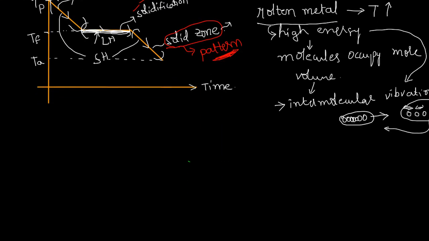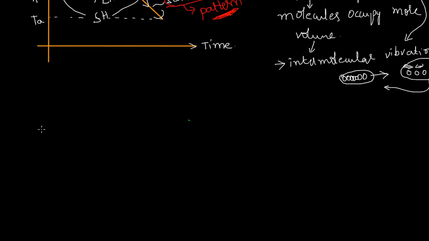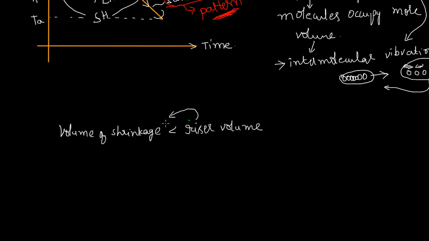if we look into the riser design, we can observe that volume of shrinkage has to be less than riser volume. Otherwise, how will the riser compensate for the liquid shrinkage or solidification shrinkage? By the way, the riser shape, for example, this is the casting that I want to produce.